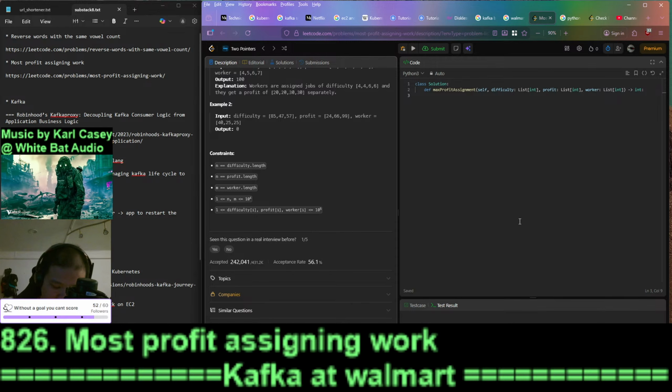So now we have to, first we sort the difficulty, but we need to have a pointer back to profit.